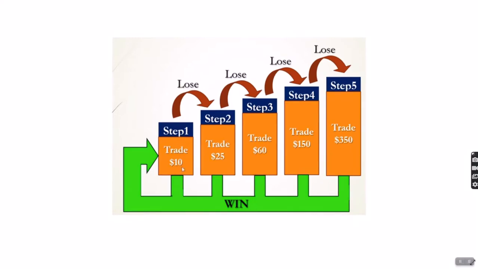Now, if we lose the first trade, the second trade we go in at $25. But do take note, when you win this second trade, go back to $10 again. For this method, we are strictly using only step 1 and step 2, which means 2 levels of the Martingale system. We are not using step 3, step 4, step 5, as we would be risking too much of our money.